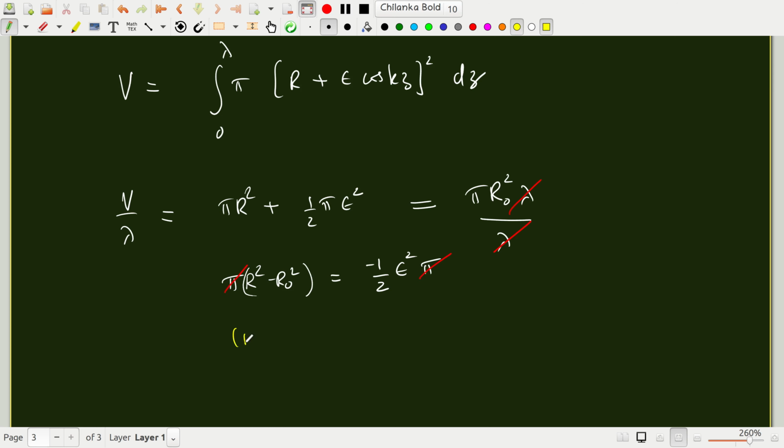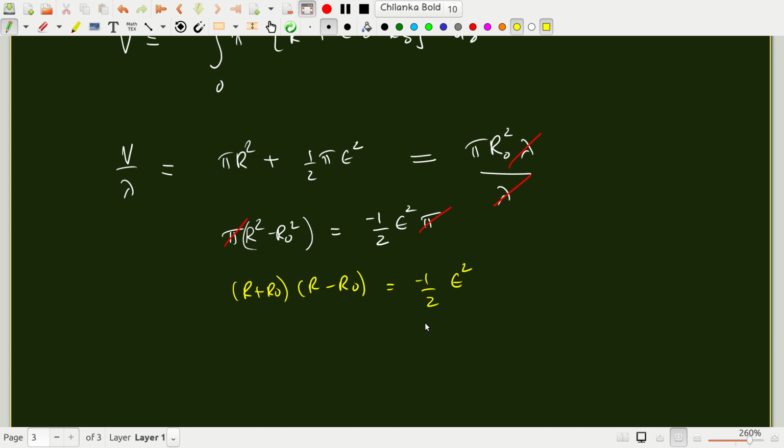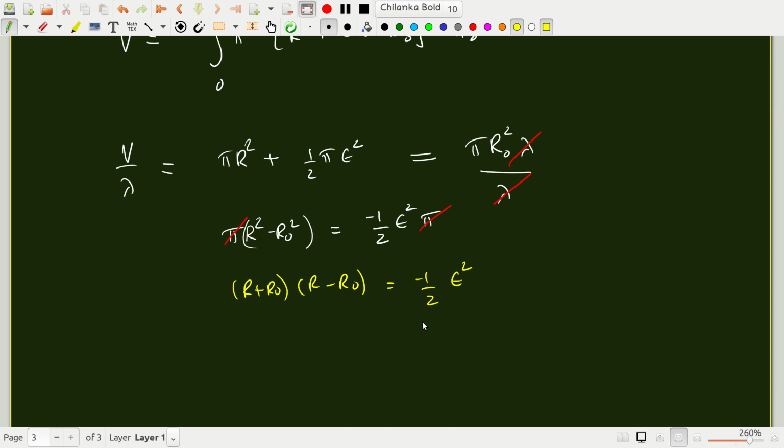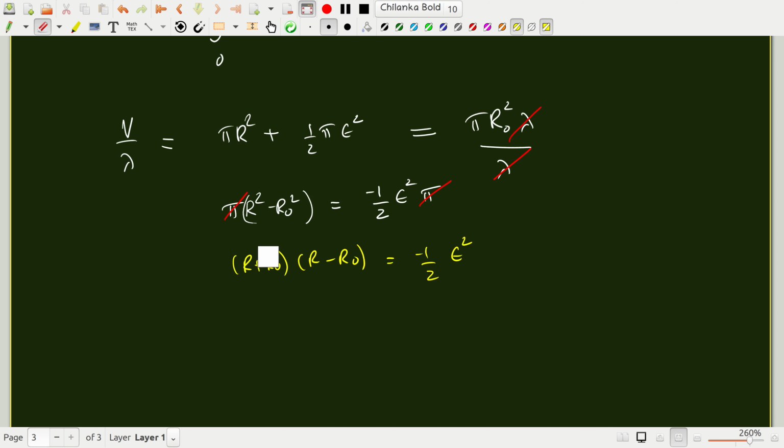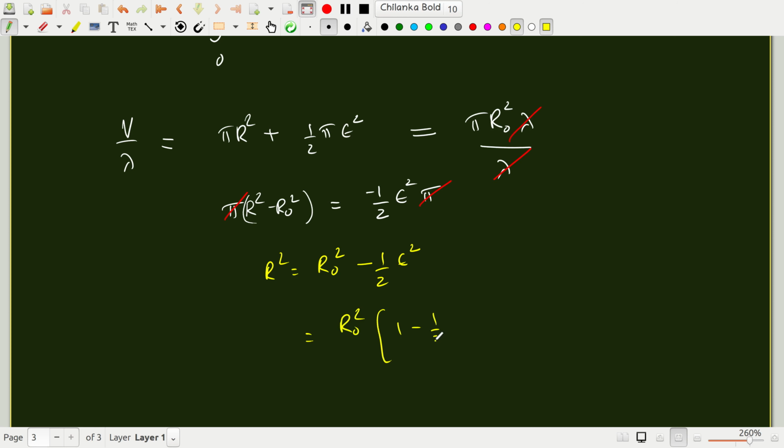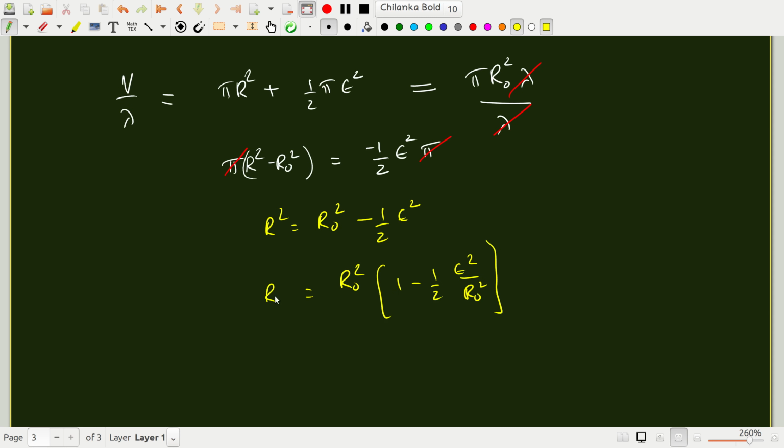This is r plus r naught, r minus r naught... okay, let's not even do that. Let's write r squared as r naught squared minus half epsilon squared, or I can write this as r naught squared times 1 minus half epsilon squared by r naught squared. Now this is r squared.